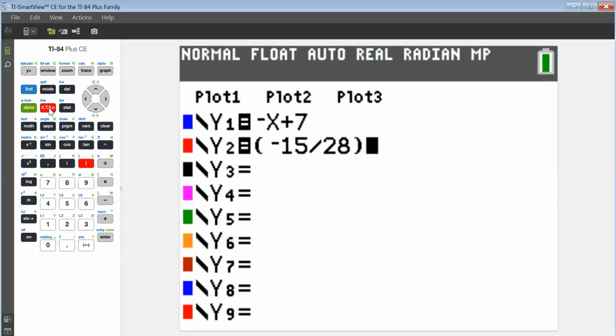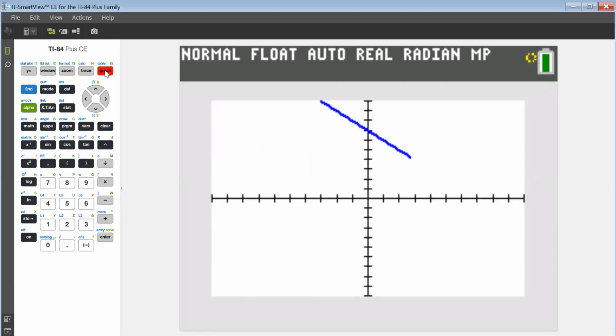There's my m, there's my x, plus, now my intercept would be 131 divided by 28. Close it. Remember, we're going to go to graph so we can see it. We're talking about pairs of shoes, so we know it's going to be in this quadrant here, quadrant 1.